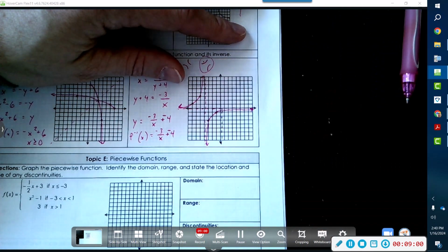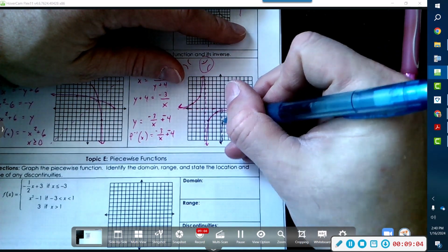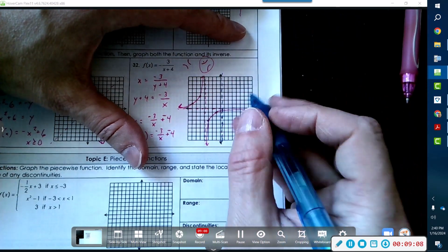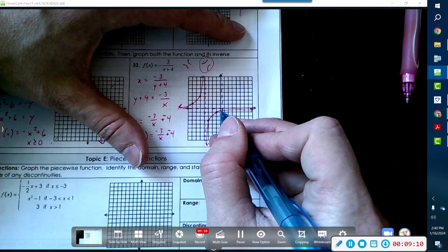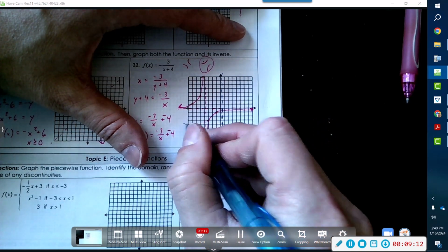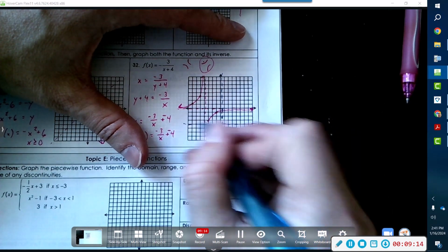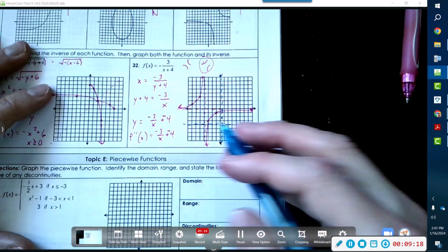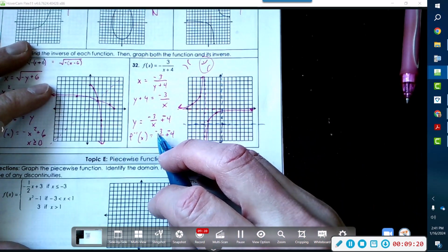I don't want to do black. Let's see, blue. This one. There we go. That's on 0, 0, and then down 4. So 1, 2, 3, 4. Okay. So now it also has a negative 3.